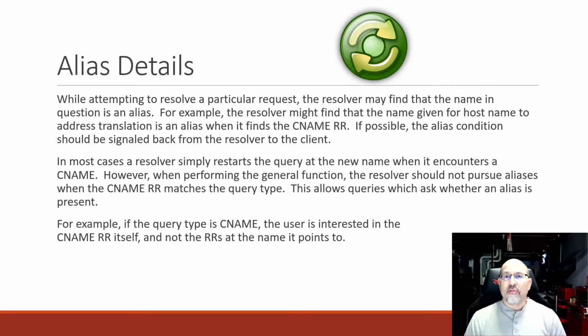So here's a little more information on that actual process, right? While attempting to resolve a particular request, the resolver may find that the name in question is an alias or a CNAME record. So what might happen is the name server will tell the client, hey, what you just looked up is something else. In most cases, the resolver simply restarts the query with the new name.